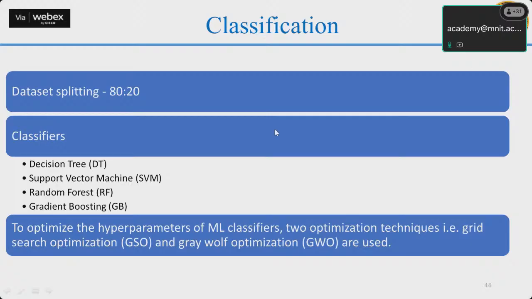But as we discussed, in order to increase the efficiency, we are using these optimization techniques. These optimization techniques tune the parameters, the sub-parameters which are part of the classifier. There we use these optimization techniques to optimize it.